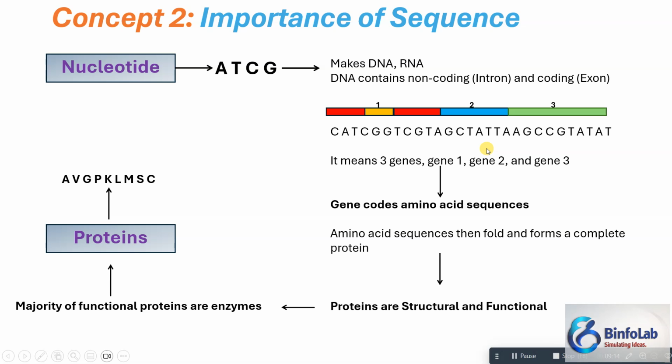Now we talked about some products. Remember, these genes, because they are coding, are exon, and these red colors are introns, non-coding. These exons will code for some products. What are the products? The products are actually the amino acid sequences.